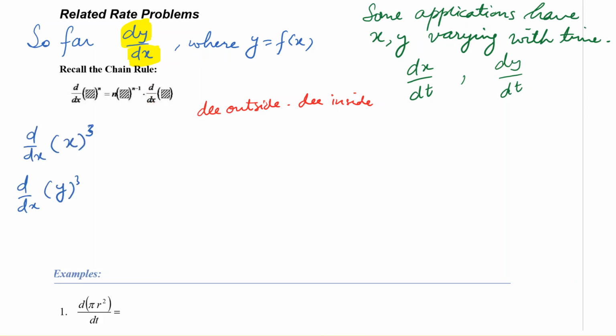Let's say we want to find the derivative of x cubed with respect to x. First by the power rule, bring the power down, reduce the power by 1, so we get 3x squared, and then take the derivative of inside with respect to x. In this case, dx and dx cancel, so we get 3x squared times 1, which is just 3x squared.